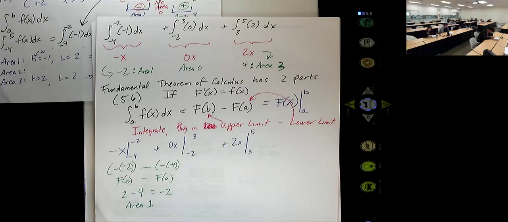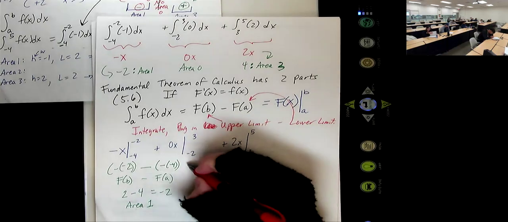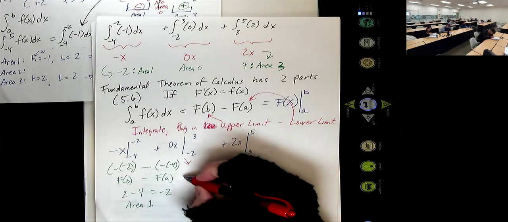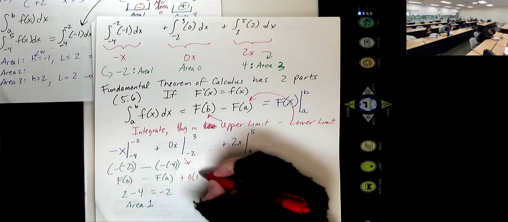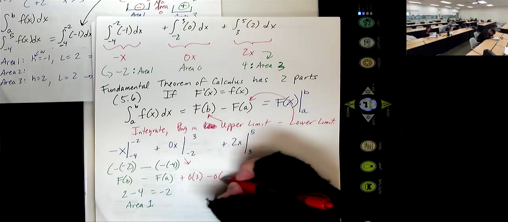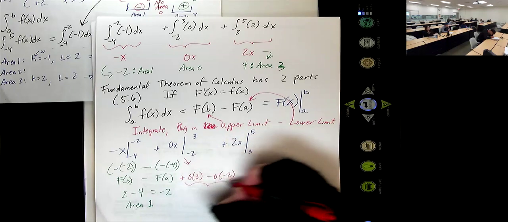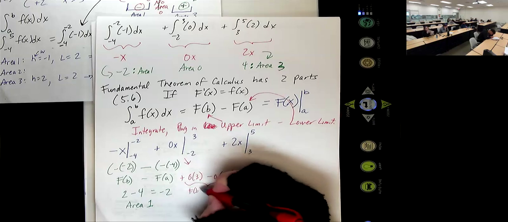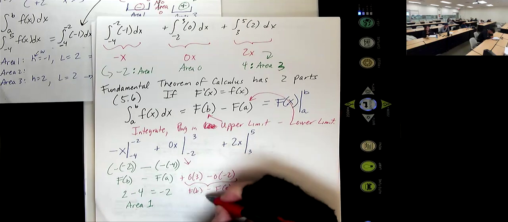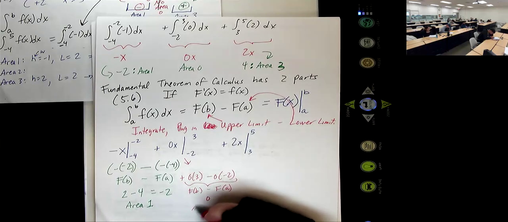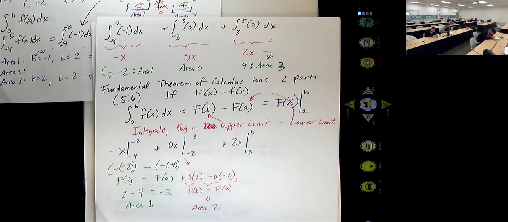I could do the same thing for the 0: we've got 0 times 3 minus 0 times -2, again F of b minus F of a, still 0. In general, you would not write this all out, I'm just showing that it works even when it's 0.